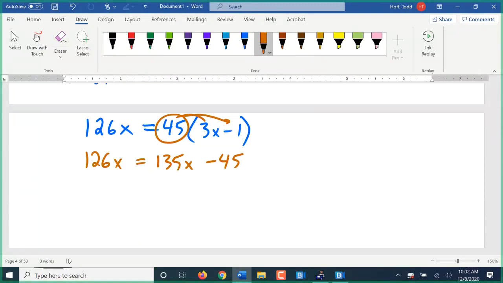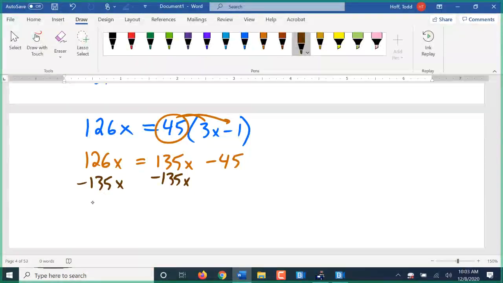Normally, when there's an x on either side, we would get rid of the smaller one. But here, the 126x is the smaller one, but it's the only thing on the left side of the equation. So if we try to subtract it, we're going to be left with nothing or 0 over there. So in this case, we are going to subtract the 135x from both sides.